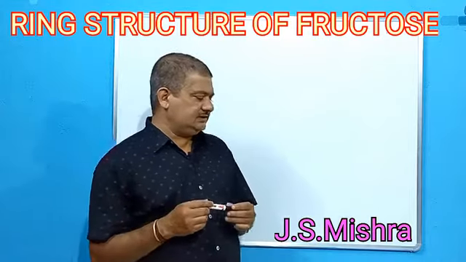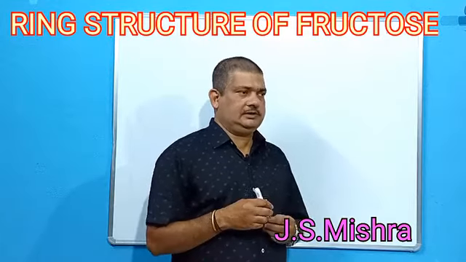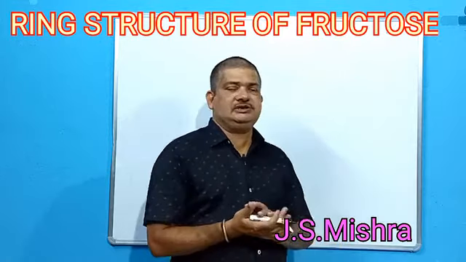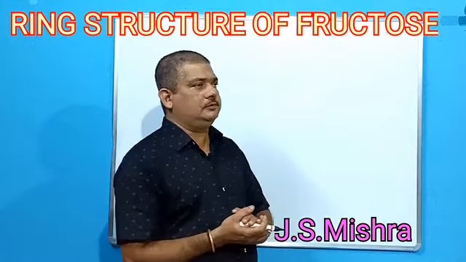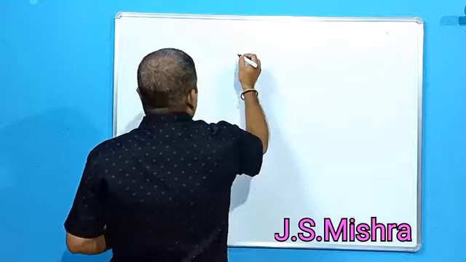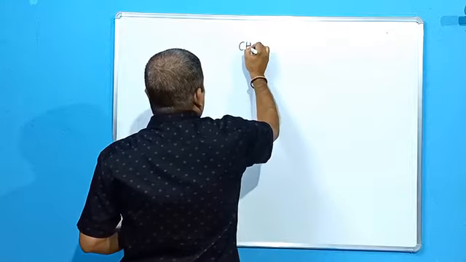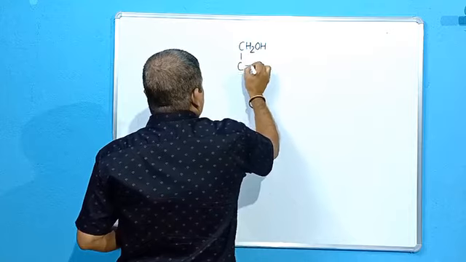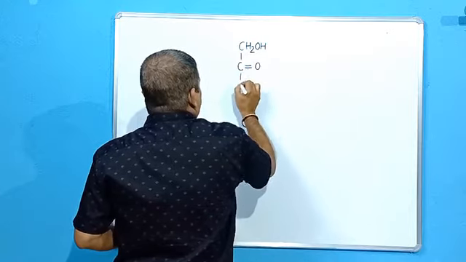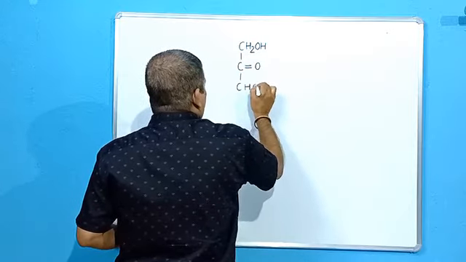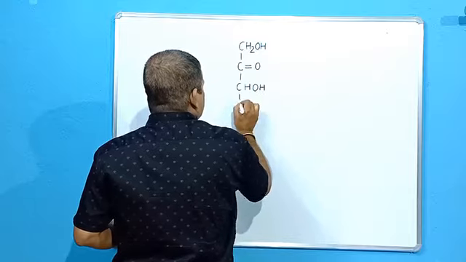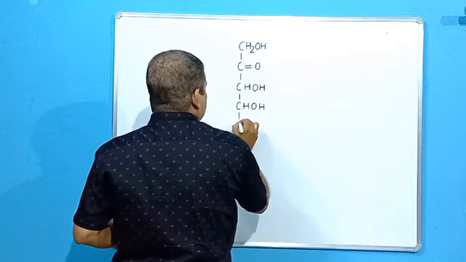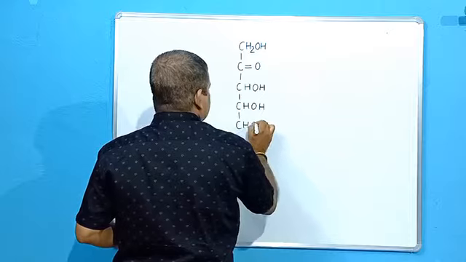In some cases, you are confused. For example, in the last class, we elucidated the open chain structure of fructose. So, open chain structure of fructose is like this: CH2OH, carbon number 1, then CO, then CHOH, then CHOH, then CHOH.